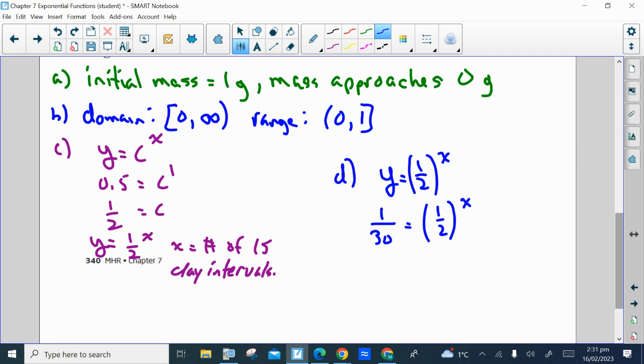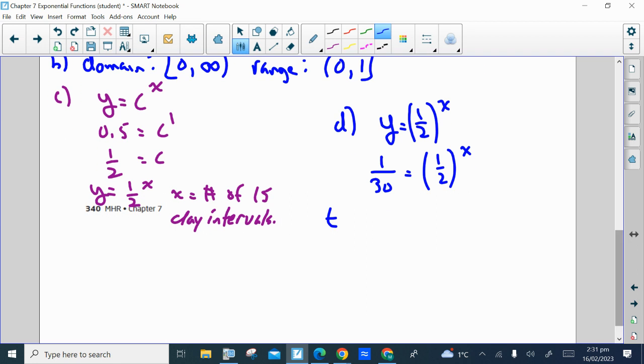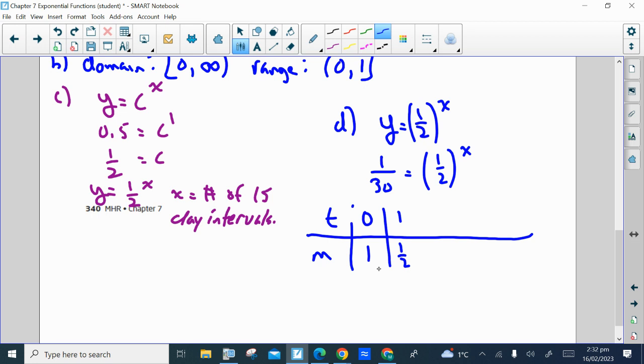Okay? You could estimate using some logic, right? If we take t, which is the time, the number of 15-day intervals, and m, which stands for the mass remaining as a fraction of what we started with. Okay, so we started with 1. After one 15-day interval, we'd have half of what we started with, or half a gram.